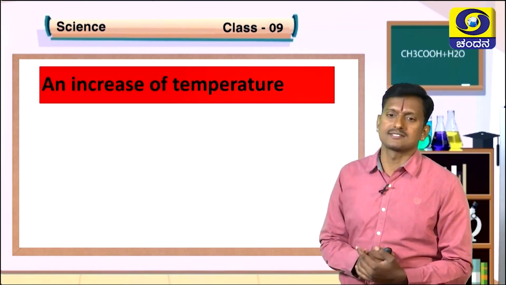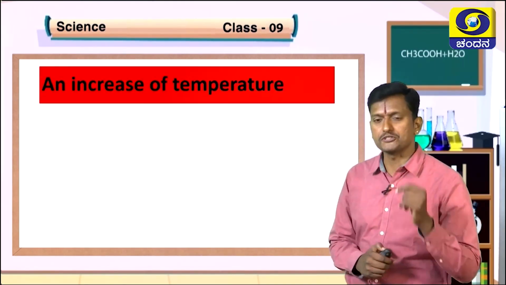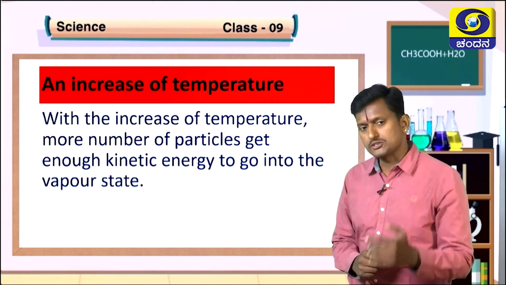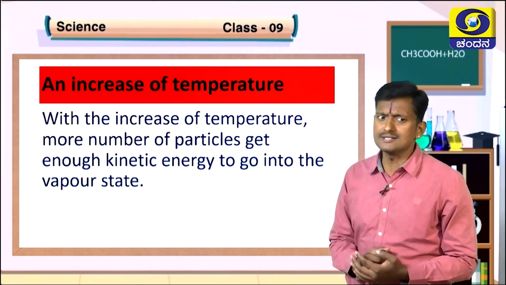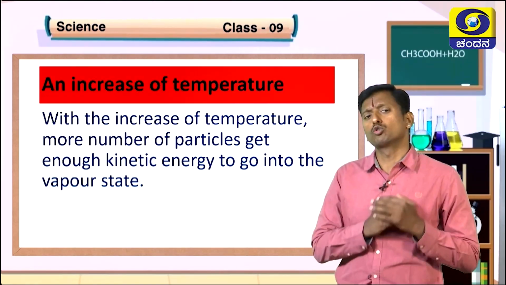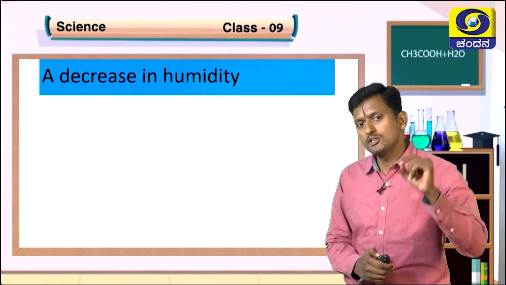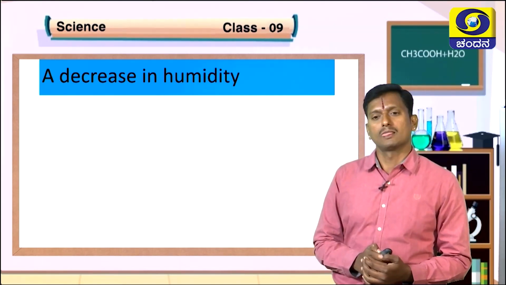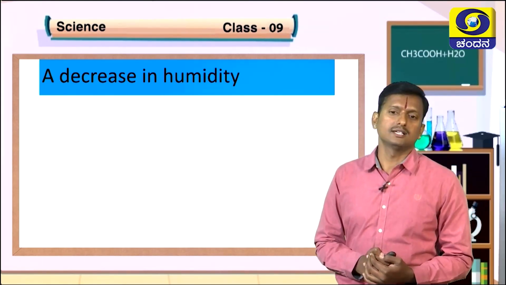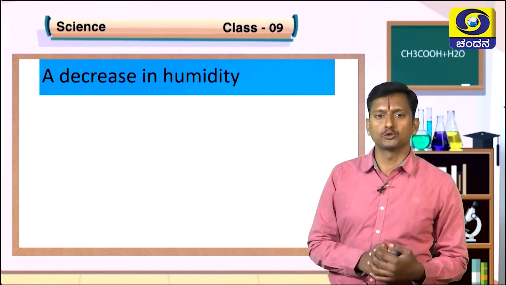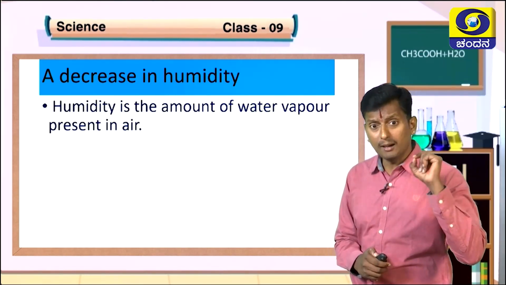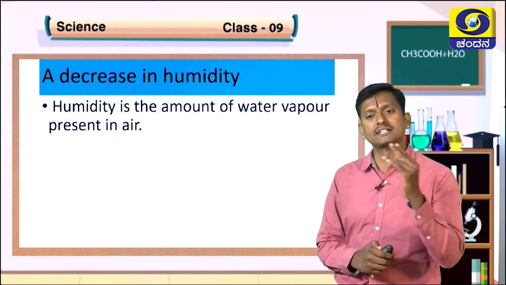Evaporation increases with an increase in temperature. With an increase of temperature, more particles get enough energy to go into the vapor state, isn't it? Next, a decrease in humidity. Note that clothes will not dry easily in the winter season due to more humidity. Humidity is the amount of water vapor present in air.